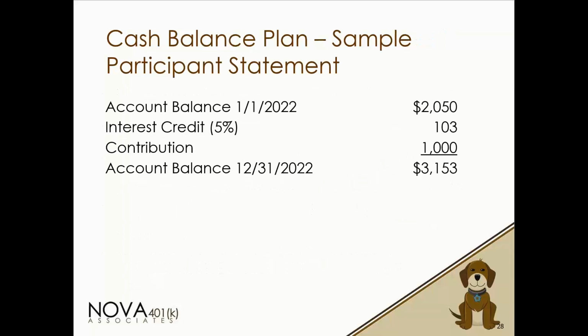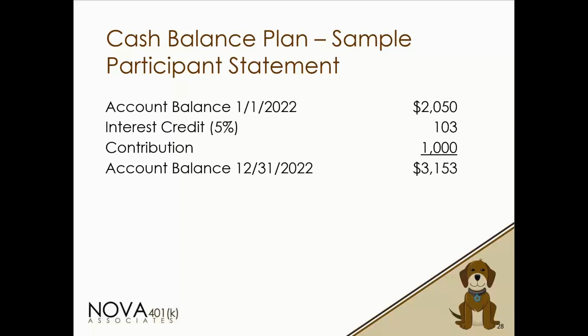So this would be an example benefit statement. We send out annual participant statements every year on these plans, and this is a simplified version of what it would look like. This plan, as you can see, has a contribution of $1,000 a year, and the interest credit is 5%. At the beginning of the year, their hypothetical balance is $20.50.